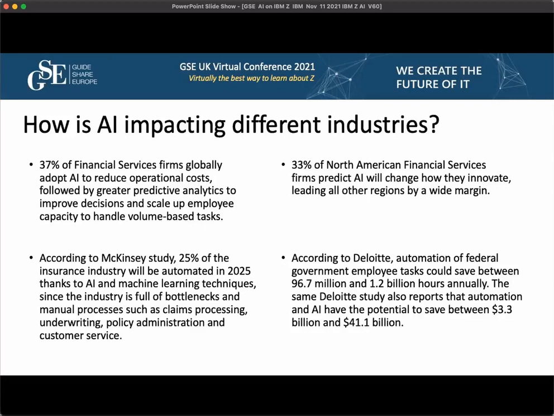I wanted to start this presentation by telling you a little bit about how AI is impacting different industries. I know nearly everyone recognizes that AI is having a great impact on our society and will have an even greater impact in the future. And here is some data from a couple of studies that speak to the impact that AI will have on businesses as well as governments. AI is at the center of helping businesses interpret their data and make data-driven decisions.